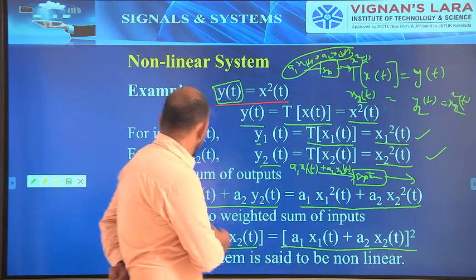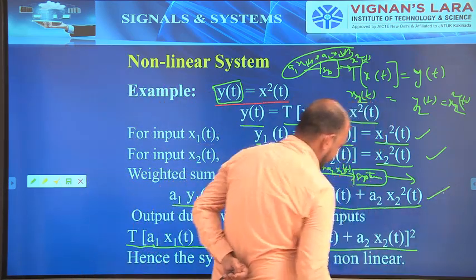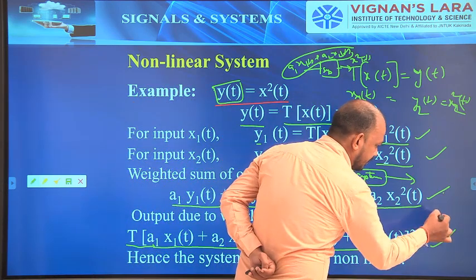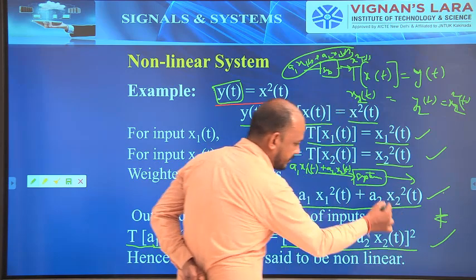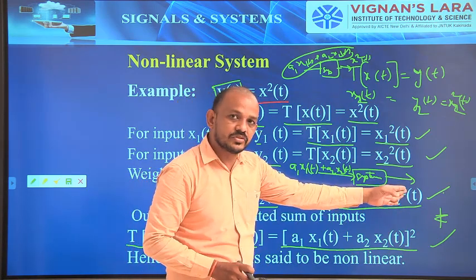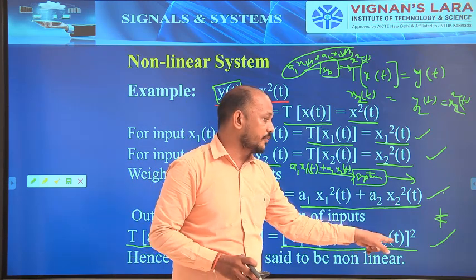Now see, the weighted sum of outputs is this one, and the output due to the weighted sum of inputs is this one. Now these two are not equal, because this is a1 x1 square of t plus a2 x2 square of t, but this is a1 x1 of t plus a2 x2 of t whole square.